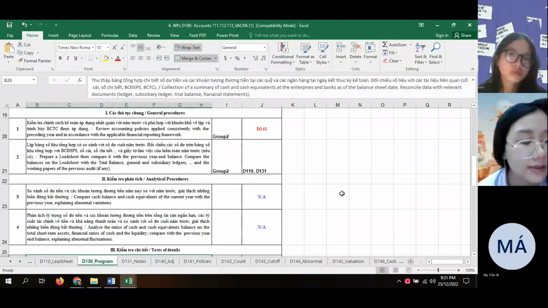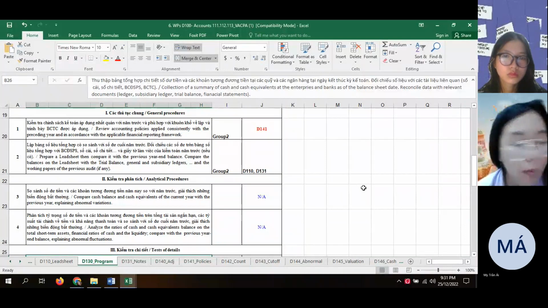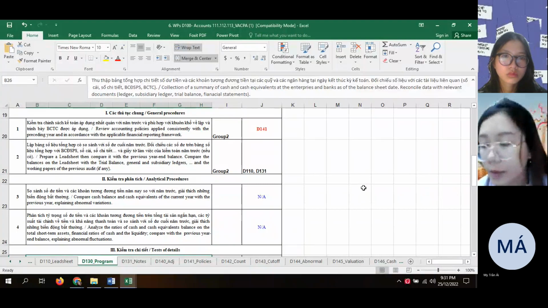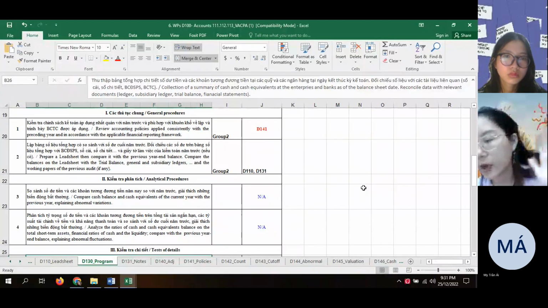Then we chose existence and accuracy. Why did we choose those? First, about existence, because we think the company usually has a tendency to write up the cash.